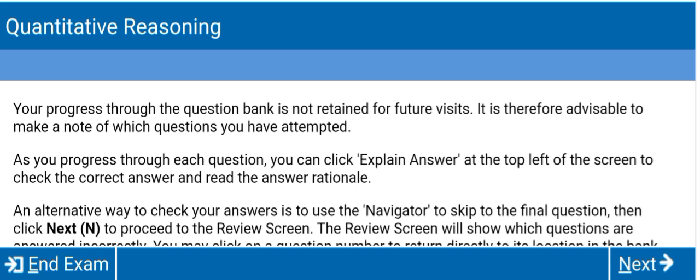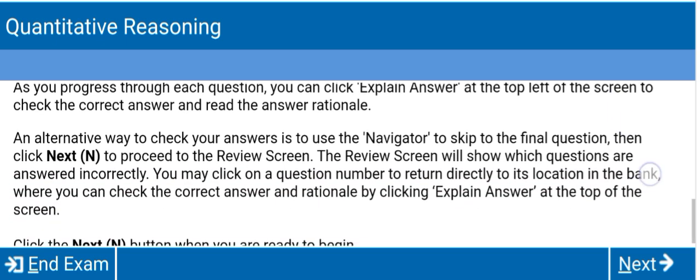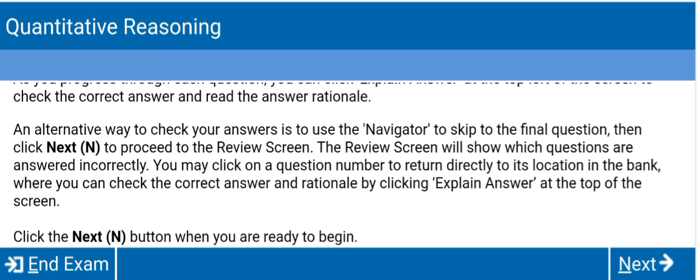An alternative way to check your answers is to use the navigator to skip to the final questions, then click Next to proceed to the review screen. The review screen will show which questions are answered incorrectly.